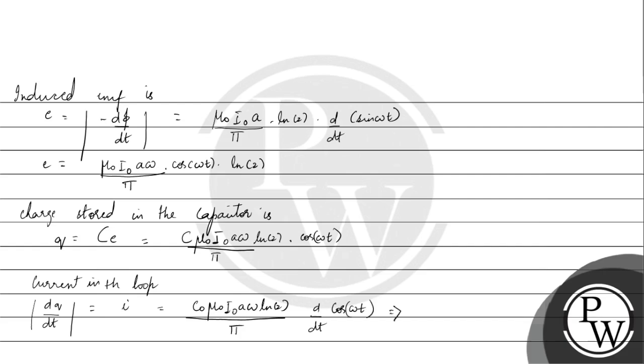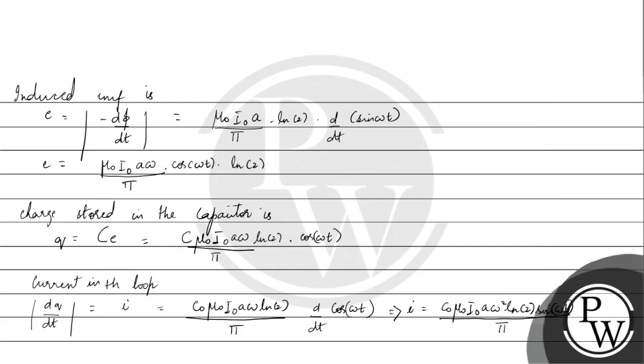So we will get I to be equal to C mu naught I naught a omega squared into ln 2 sin omega t divided by pi.